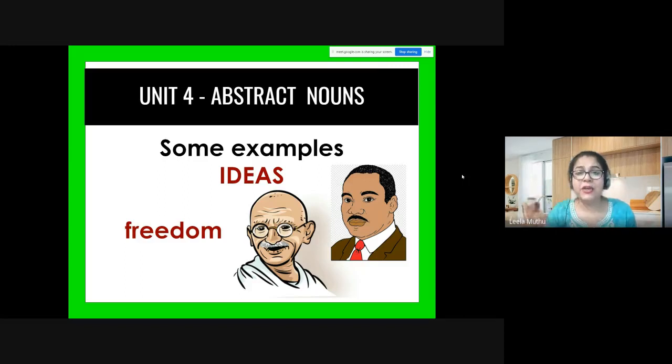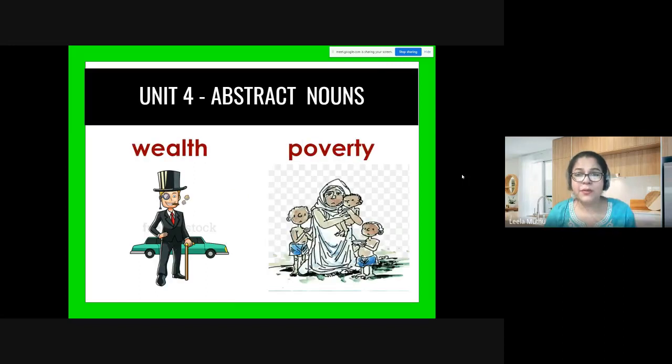Martin Luther King, who fought for the rights of black people in the United States, black people everywhere actually, was a symbol of freedom. He fought against slavery. Wealth. Wealthy people have plenty of wealth. The state of being extremely poor is called poverty.